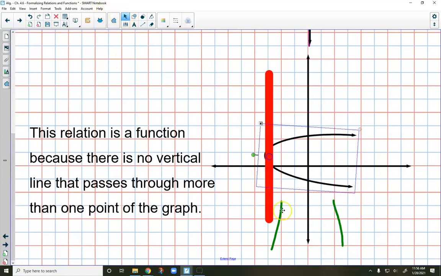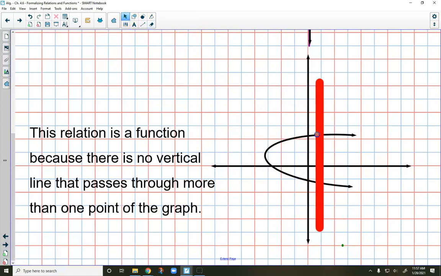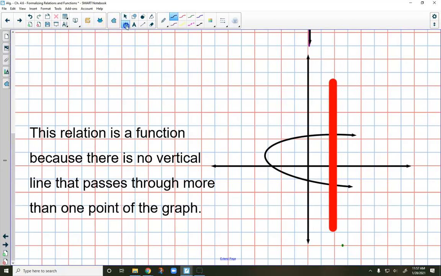Let's say I rotated it. Let's say we had this graph. This would not be a function. And let's look at why. Touching one point. But for the rest of this time, I'm touching 2 points on the vertical line at any time. Right here and right here. As soon as you're touching more than 1 point, it's not a function.